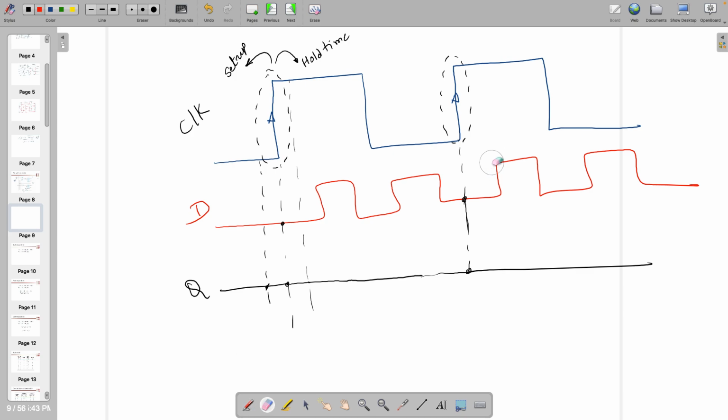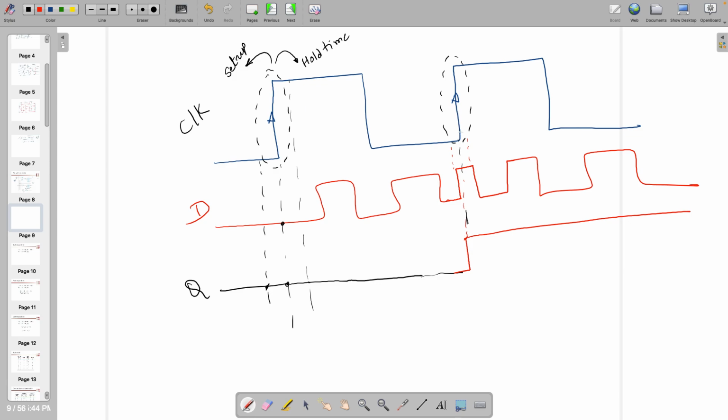In case it is like this, and it is well within the given setup time and hold time of the flip-flop, then the output of this one will look like this one, because at this time D equals 1. So D equal to 1 will be latched and that will be given to the output after some delay.